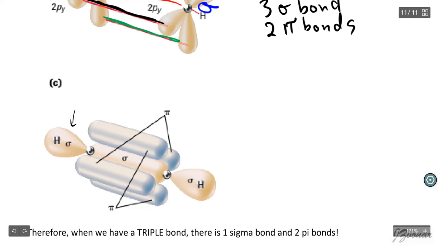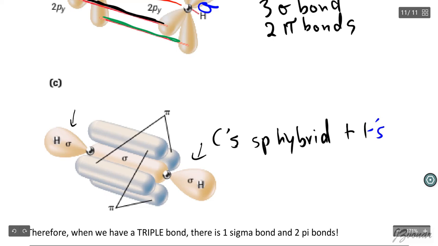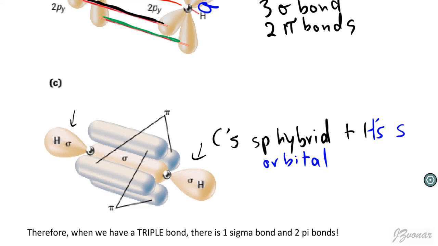Okay, so we've got 1 sigma bond, 2 sigma bonds between the carbon's sp hybrid orbital and hydrogen's s orbital. And that happens on both ends.